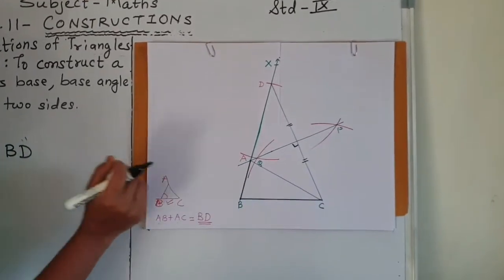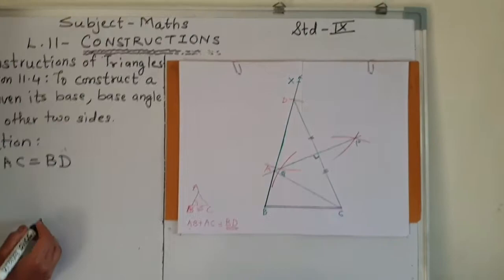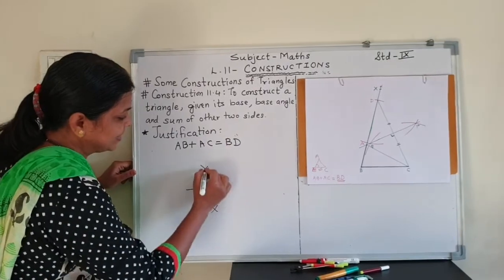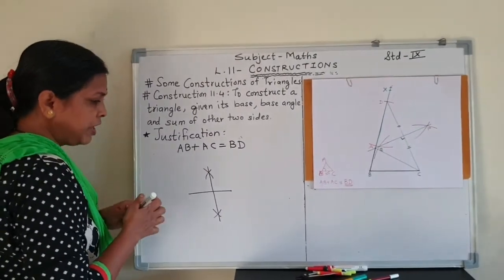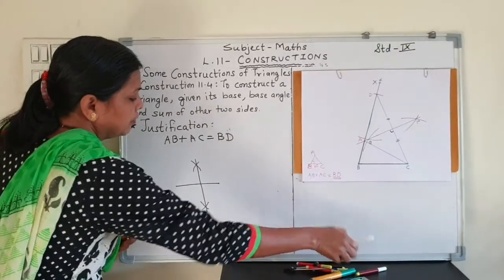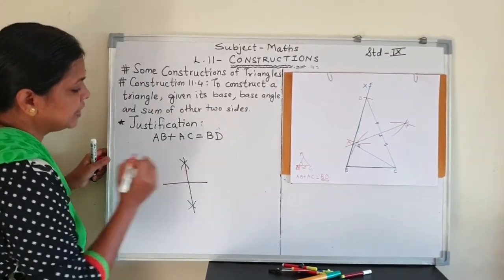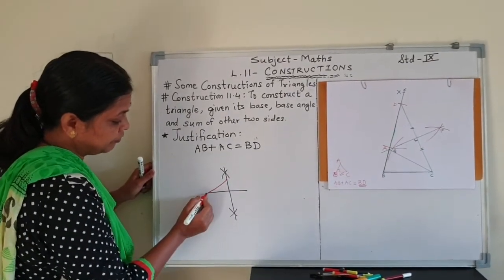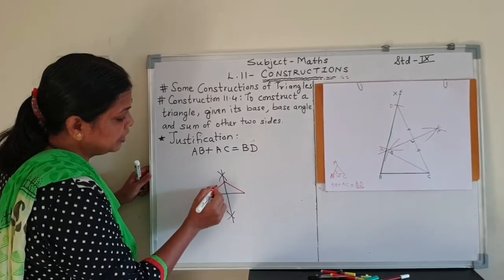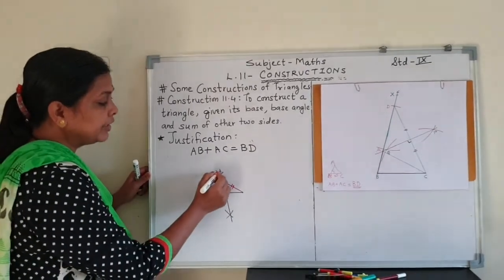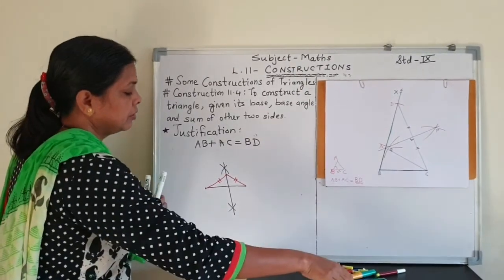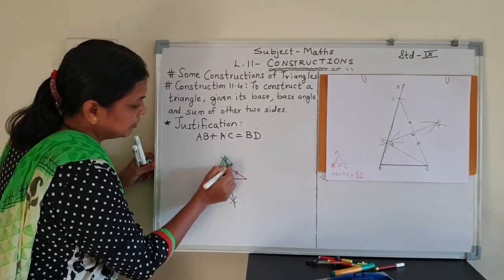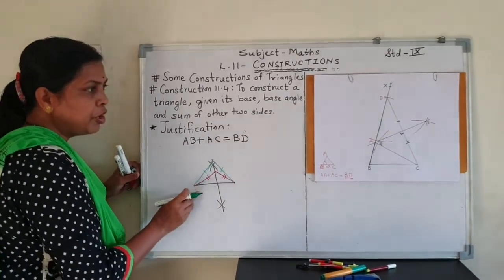When we draw a perpendicular bisector of a line segment, every point on it is at equal distance from the two ends of the segment. I hope you have understood this.